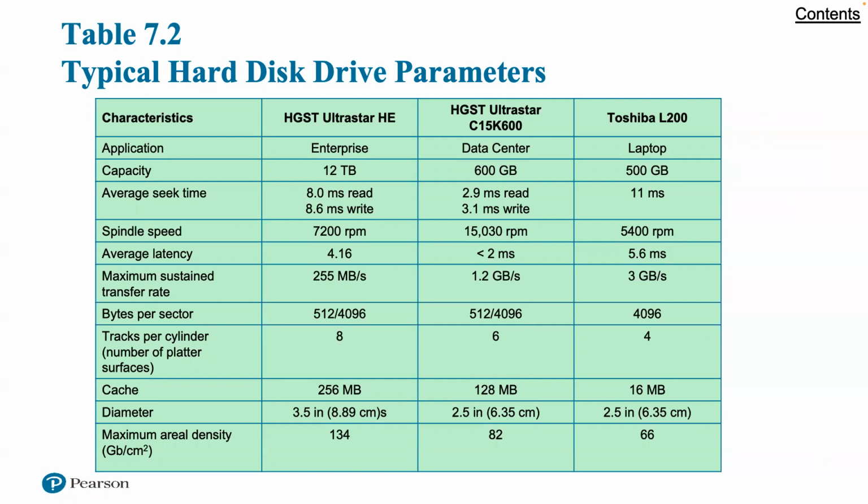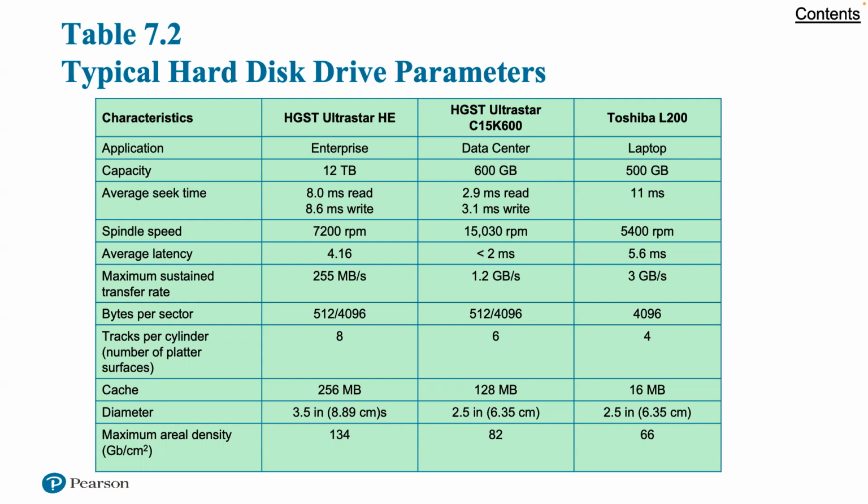Then we have the HGST Ultrastar C15K600, designed for use in high performance computing and mission critical data center installations, so a slightly different application. And then we have the Toshiba L200, an internal laptop hard disk drive. And so you can see the relative size going from 12 terabytes, 600 gigabytes to 500 gigabytes.